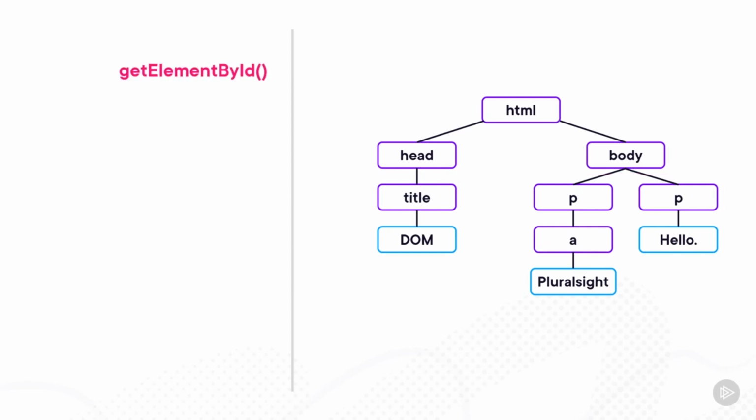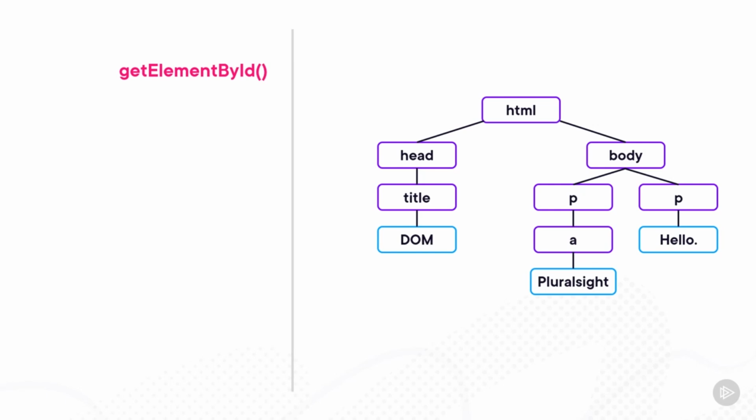You have already encountered the getElementById method. We've used that in the previous module. So if we have an element with an ID, we can access it via that ID. And as the name ID already suggests, there can only be one element like that.